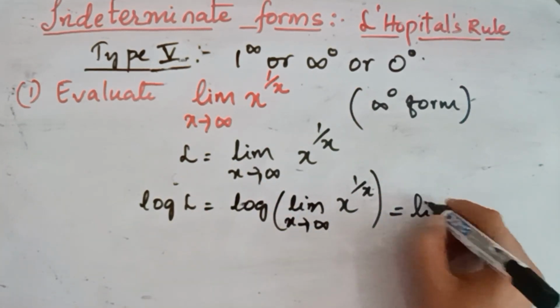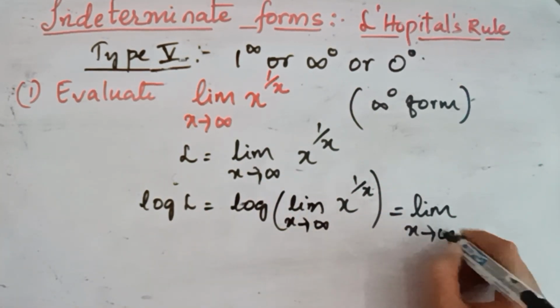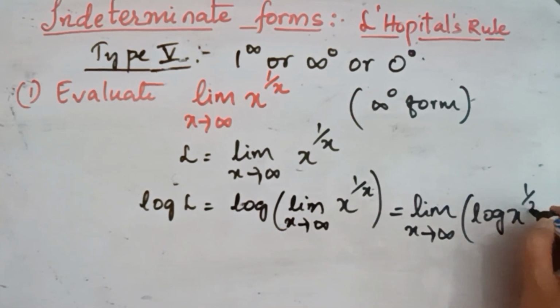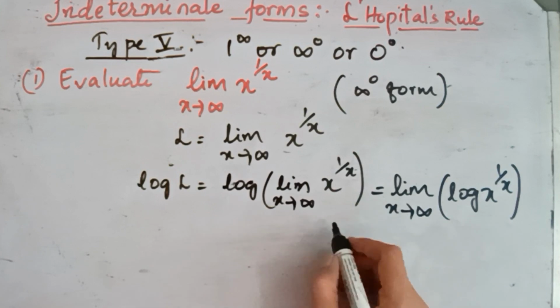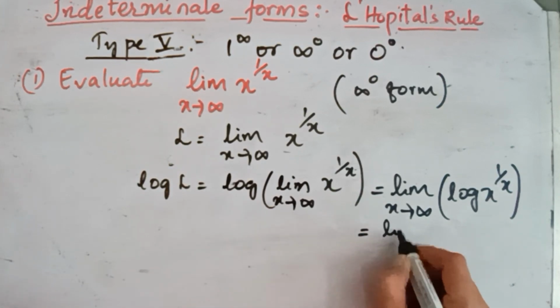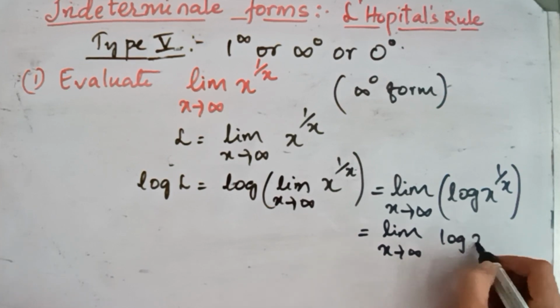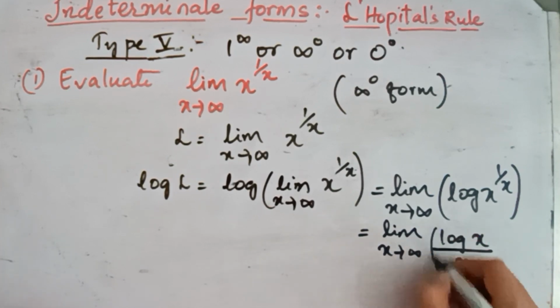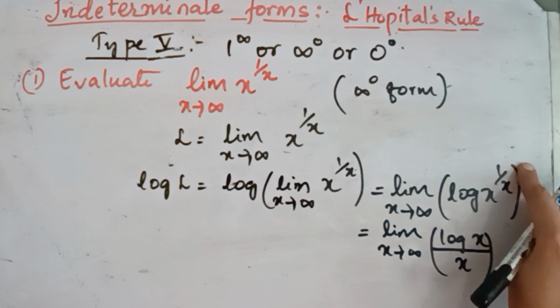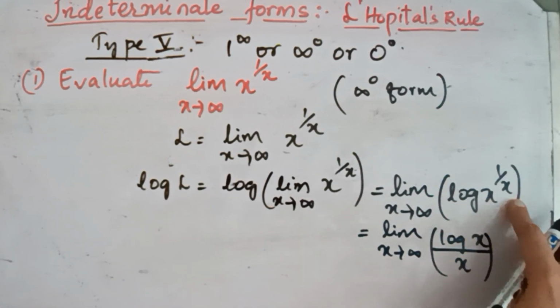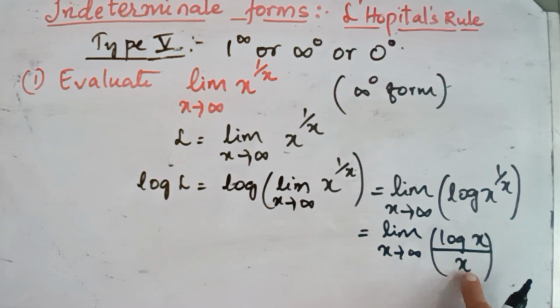So limit x tends to infinity, which is log of x to the power 1 by x. Now this can be written as limit x tends to infinity log of x divided by x. That is because log of a power m is m into log a. So this gives you 1 by x into log of x. So that can be written as log x divided by x.